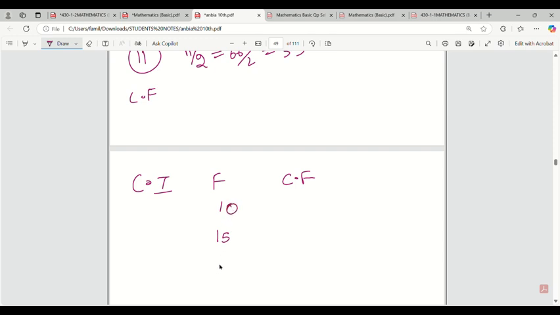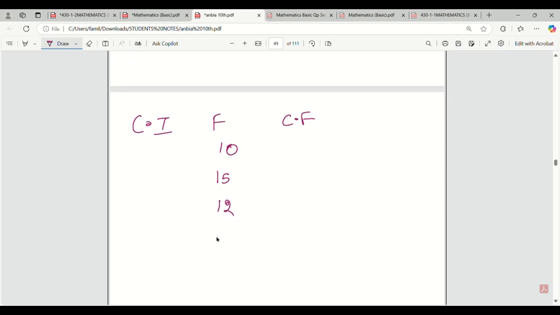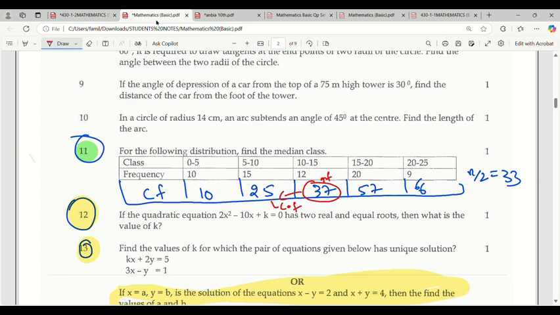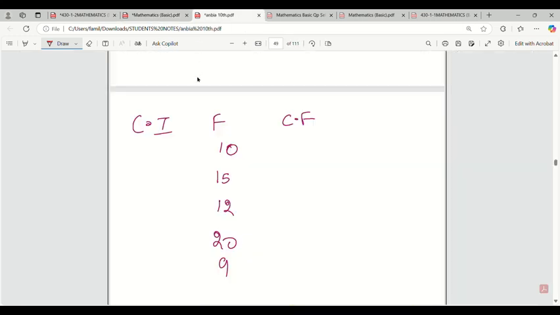So the frequency is 10, 15, right? 12, 20, and the last one is 9, right?